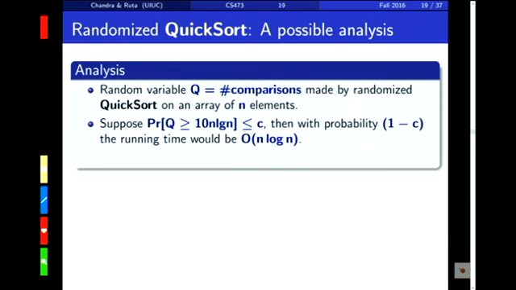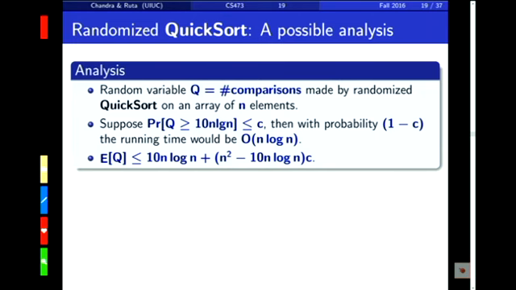So the probability of comparisons being more than order n log n is bounded by C. If C is very tiny, we are very happy, because with probability 1 minus C, your running time is n log n, which is what we wanted. This will also give us an upper bound for the expected running time: order n log n, plus some n squared term times C. But if C is very small, then this term will not matter.